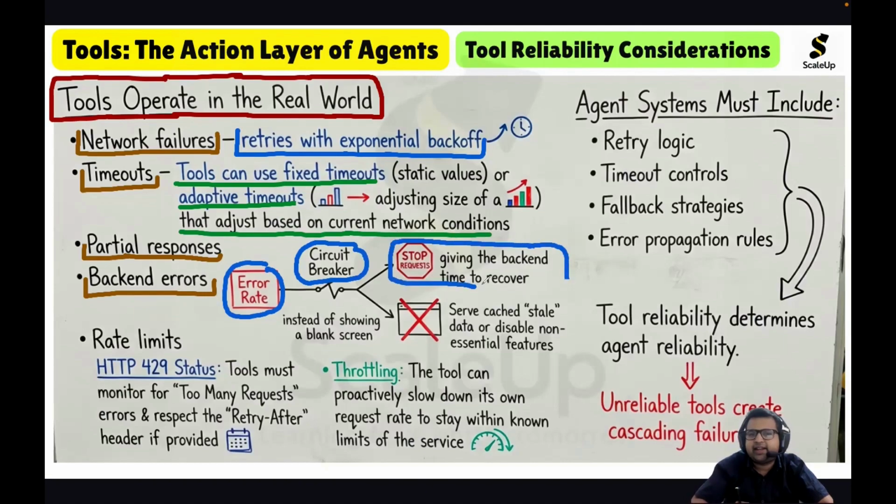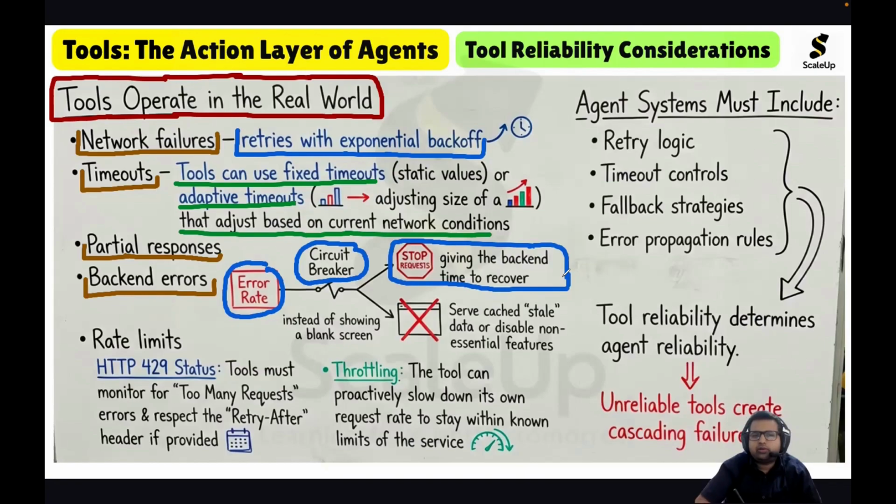See, if some backend error is there and the tool keeps on requesting the backend, it might create a very disastrous situation. So there should be a circuit breaker in place that the tool can trigger, so that further requests get stopped and the backend gets time to recover.